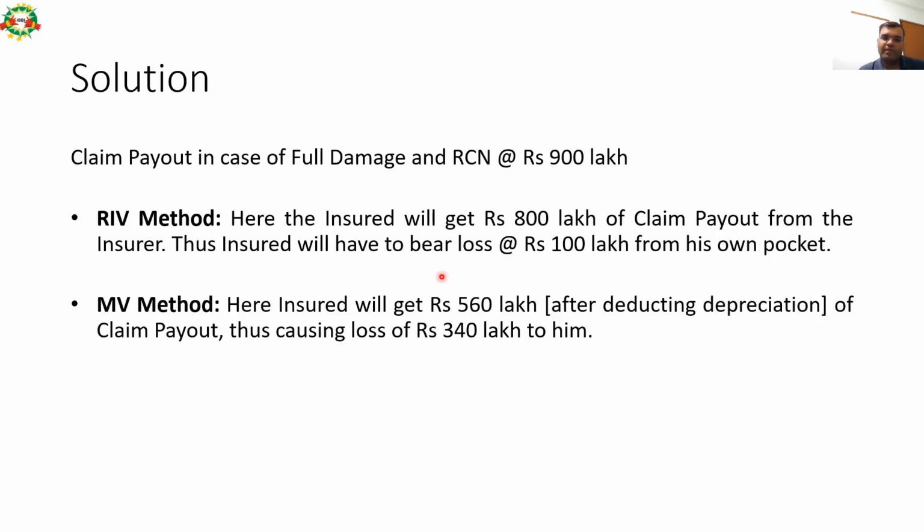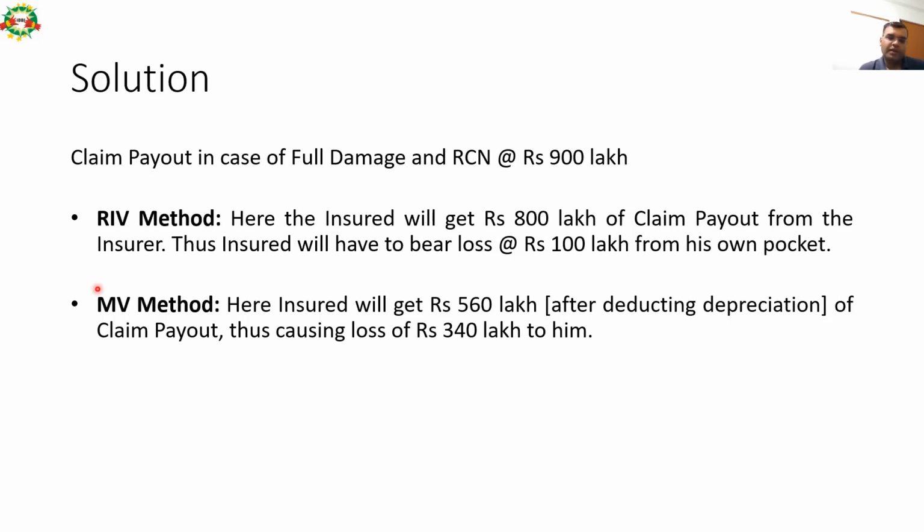Thus the insured will have to bear a loss of 100 lakh rupees from his own pocket. Since there is no depreciation clause and the policy is issued on a reinstatement basis, there will not be any deduction for depreciation. So the entire amount of 800 lakh rupees covered under the policy, for which the insured had paid the premium, will be received by the insured and will be paid by the company.